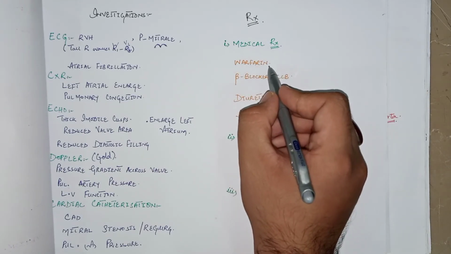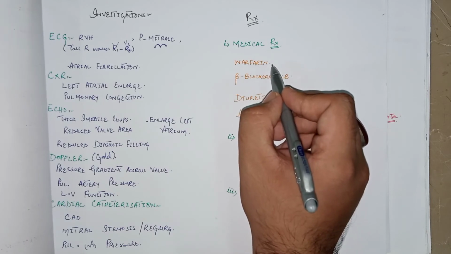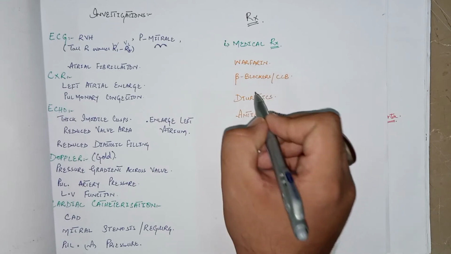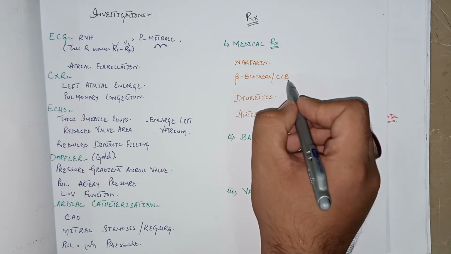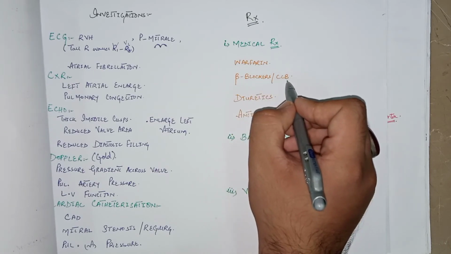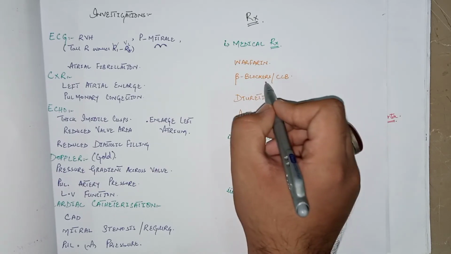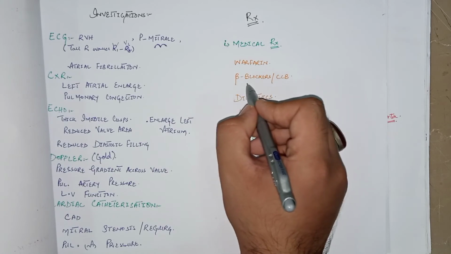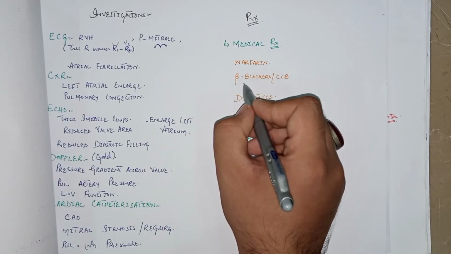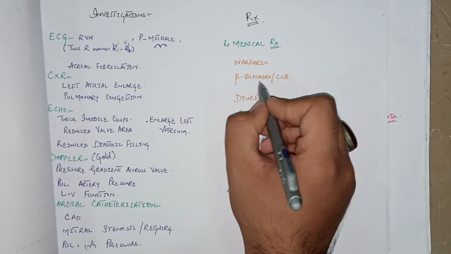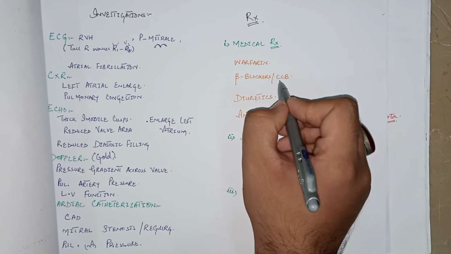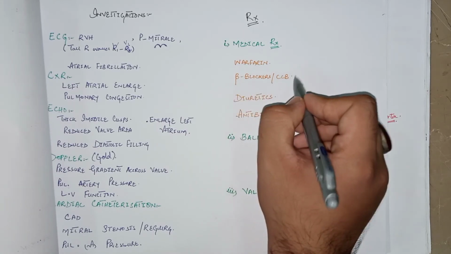This warfarin is given to the patient to reduce the risk of thromboembolism because of atrial fibrillation, and beta blockers or calcium channel blockers like nifedipine, amlodipine, etc. These are given to the patient to reduce the heart rate because of atrial fibrillation, and these also improve the filling phase, that is the diastolic phase, because they relax the heart muscles. So they improve the filling phase of the heart and ultimately improve the cardiac output in these patients.